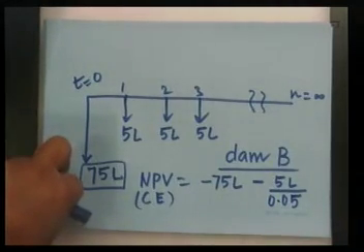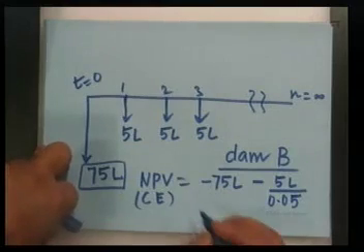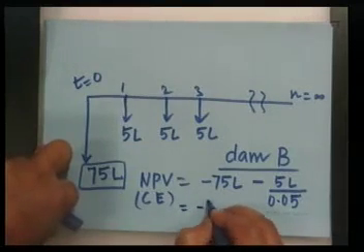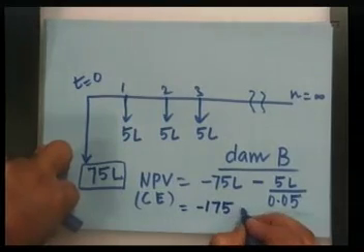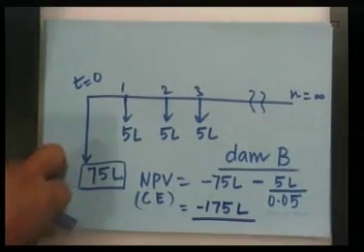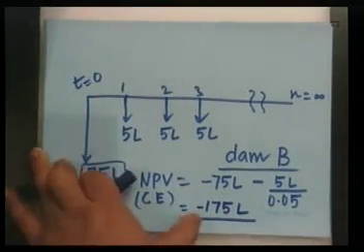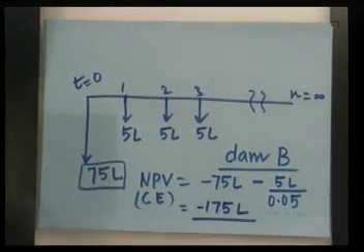So, you will find that this becomes minus 175 lakhs. Forget about the negative sign, it means that you have a liability of 175 lakhs if you go for dam B, or rather if you follow the design B.